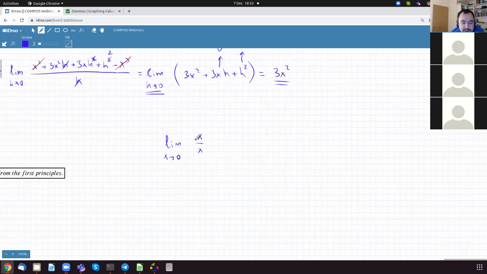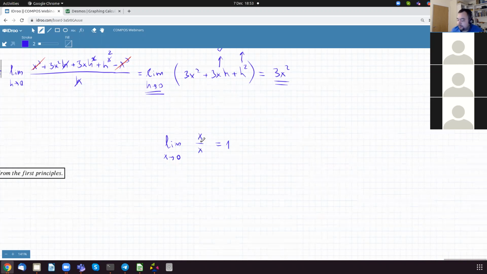And so what do we do? Well, intuitively, you know that this expression is 1 because x divided by x is 1, except when x is 0, because when x is 0, it's undefined. But this limit is equal to 1 because as you approach 0, this expression approaches 1.